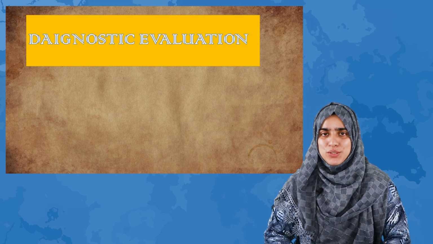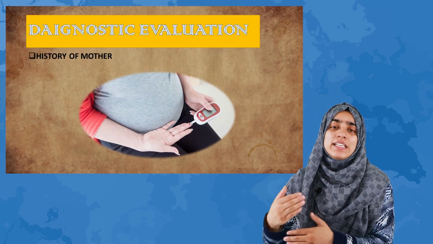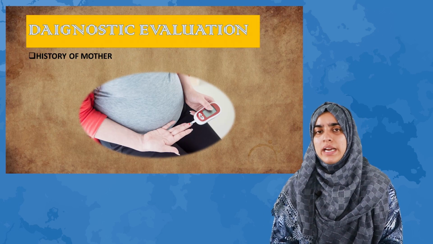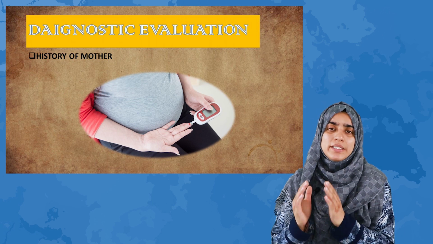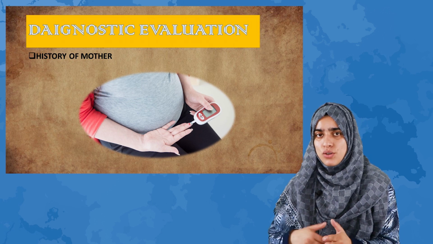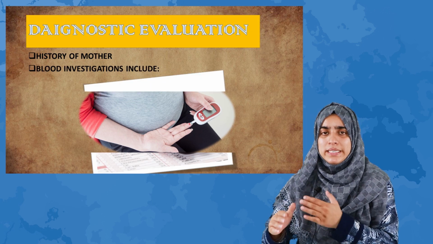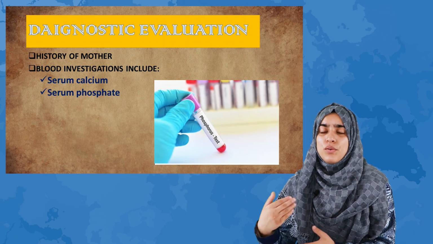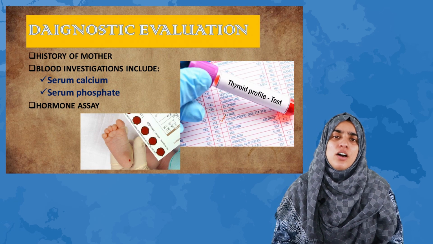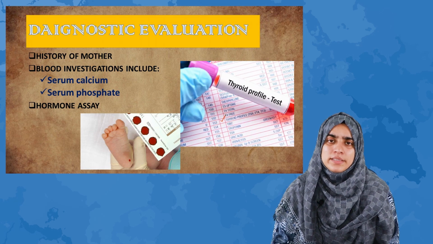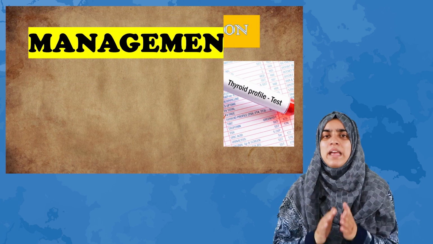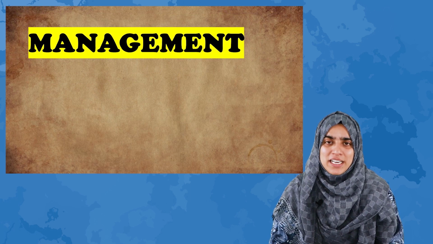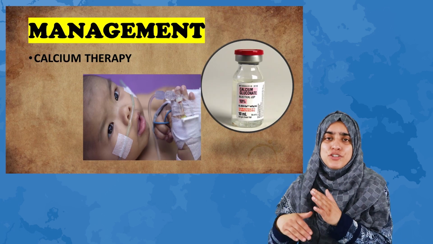How do we diagnose this condition? First of all, the history of the mother is very important, as infants born to diabetic mothers have chances of getting hypocalcemia. The blood investigations may include serum calcium and serum phosphate. Next, we can do hormonal assay, for example parathyroid hormone estimation. The management of hypocalcemia in infants is calcium therapy.